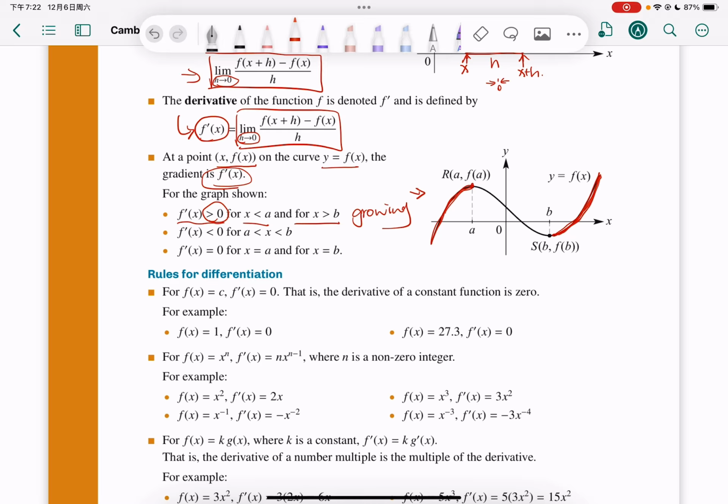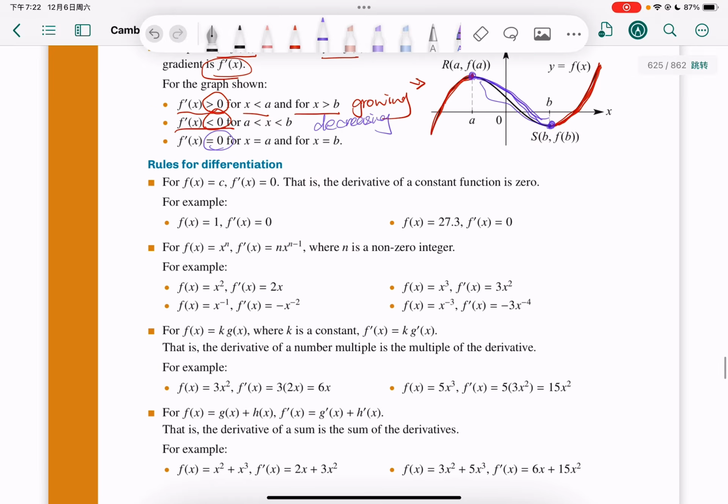And for negative, smaller than 0, which is the purple part over here, we have a decreasing function. And if it's equal to 0, we have the points, point A and point B, which later on you'll see are the stationary points.